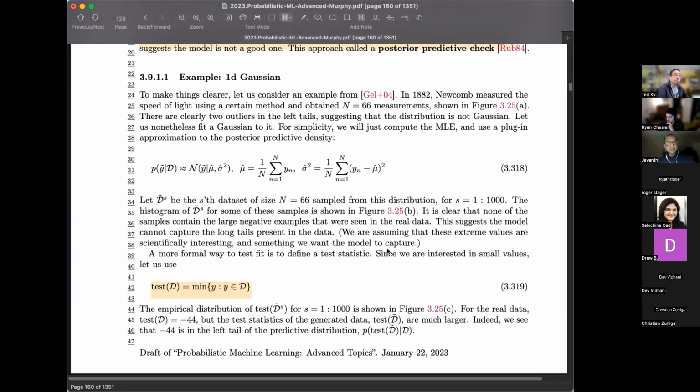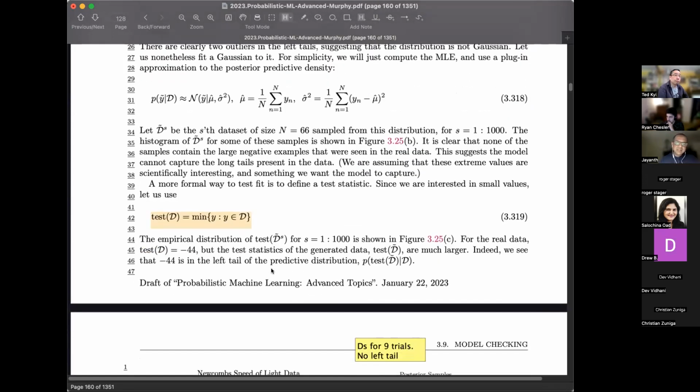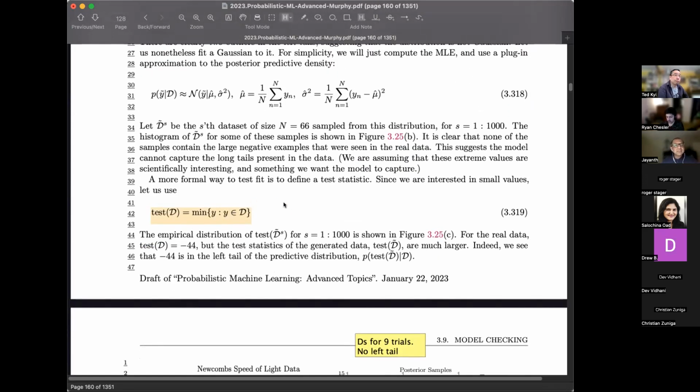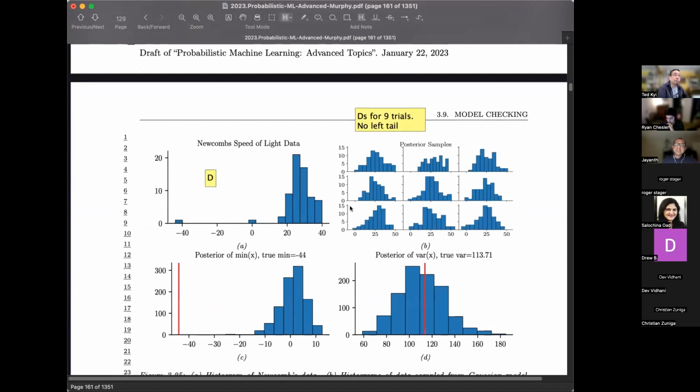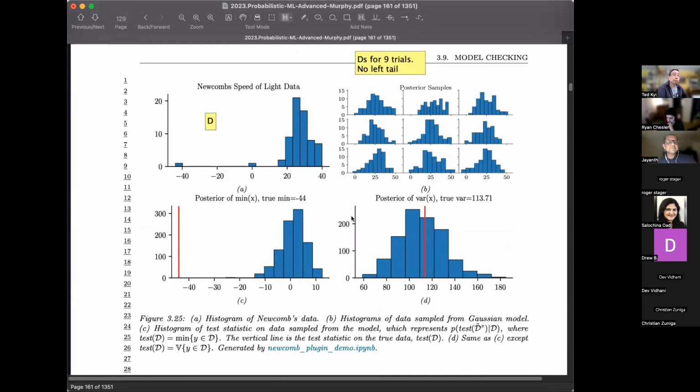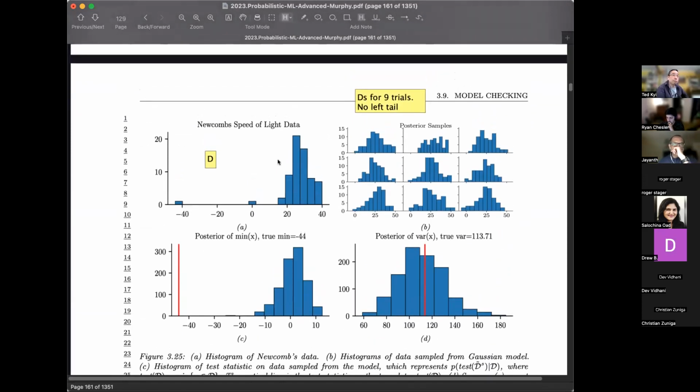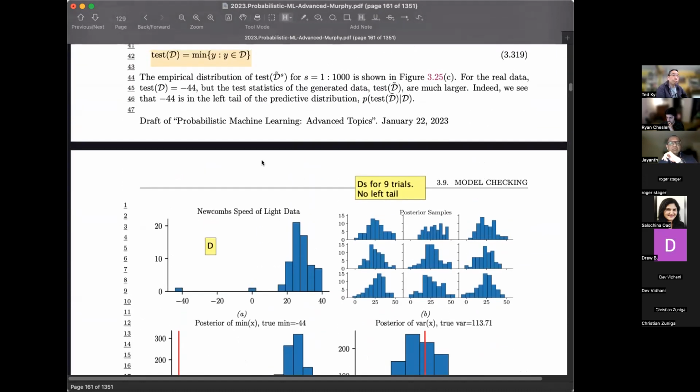For the metric you use, the test of D, he talks about a couple of different scenarios here. One is using the minimum value, another using variance. You can see this in this diagram, where the speed of light was measured.